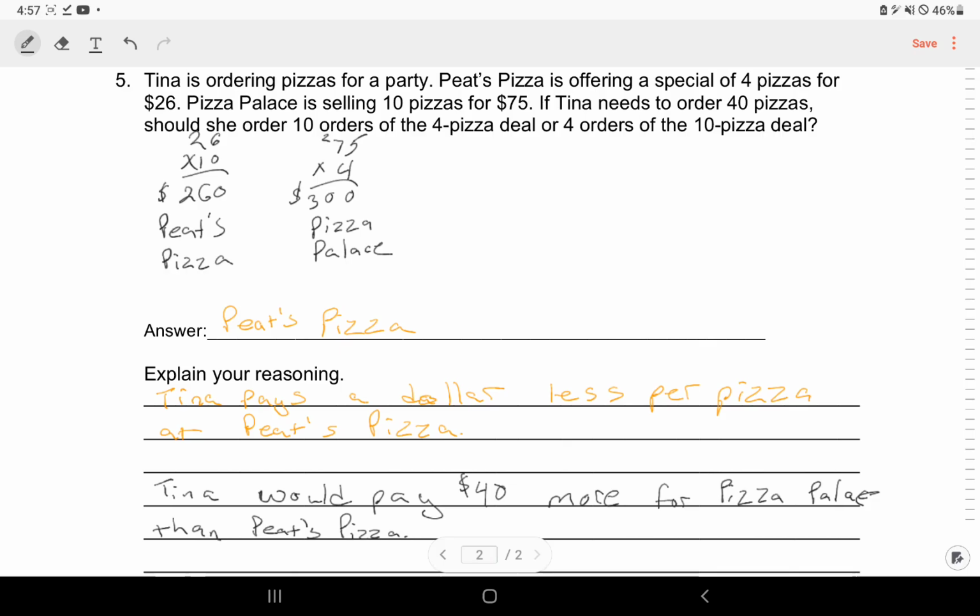Or you could say she would pay $40 less at Pete's Pizza than Pizza Palace. I mean, either way, it's the same thing. So, 2 different approaches, same result.